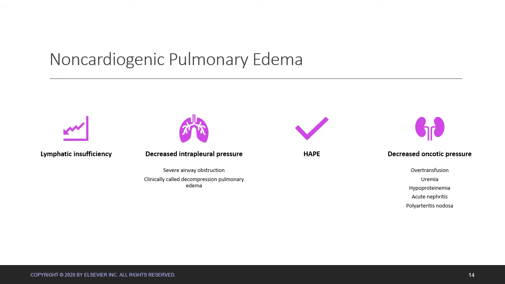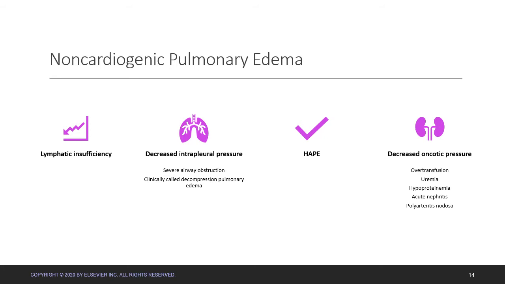Decreased oncotic pressure may be caused by overtransfusion or rapid transfusion of hypotonic solutions, uremia, hypoproteinemia or severe malnutrition, acute nephritis, polynephritis, and polyarteritis nodosa.